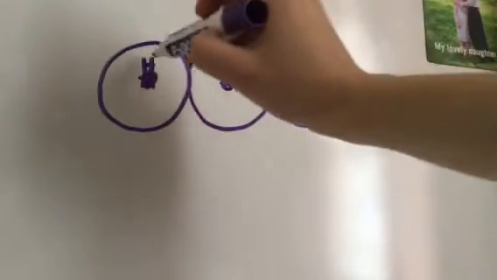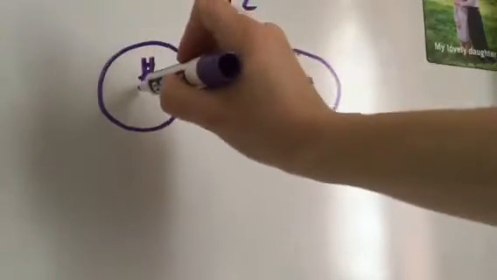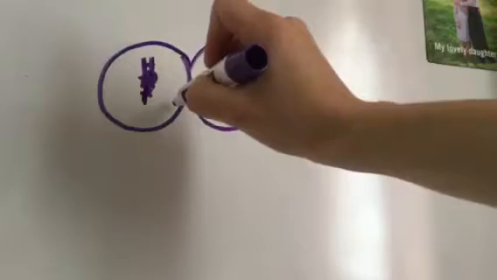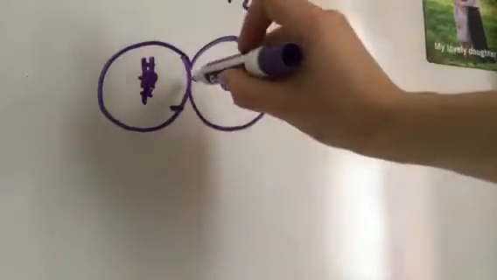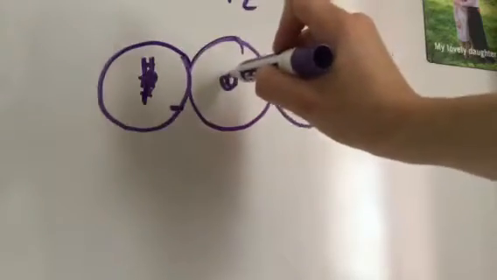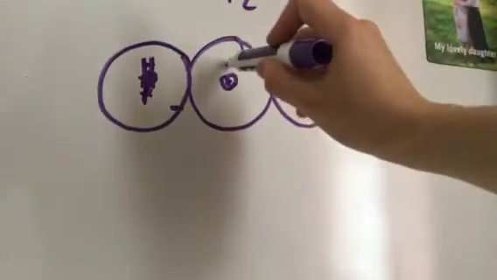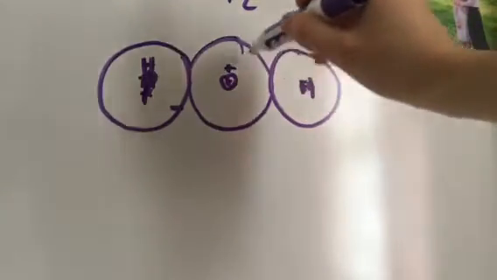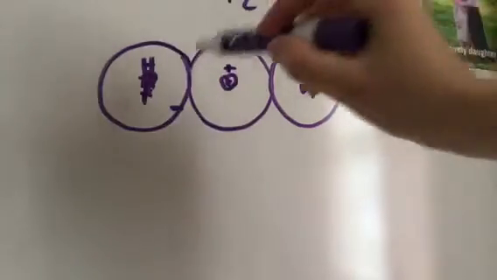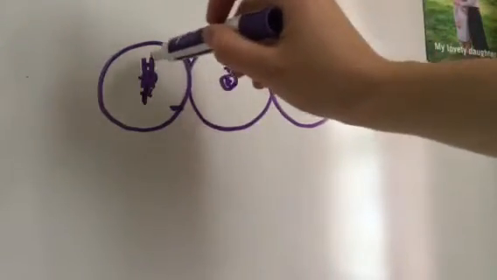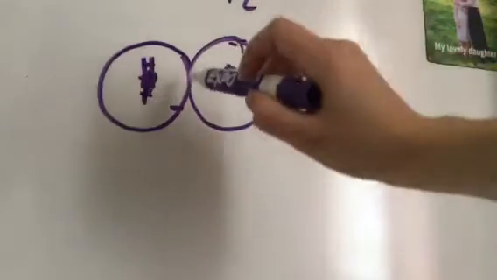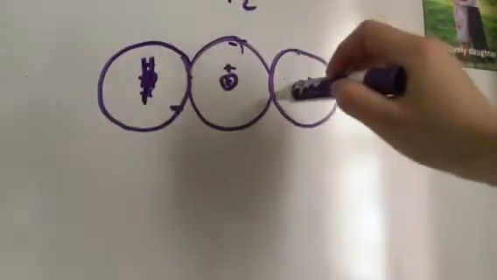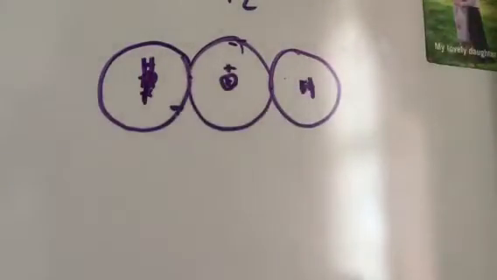And the hydrogen has 1 proton and 1 electron. So the oxygen one, I'm not sure how many protons and how many electrons it has, but the hydrogen and the oxygen share an electron here, and that is called a molecule.